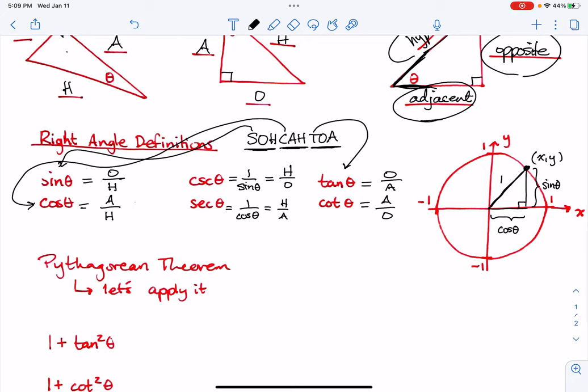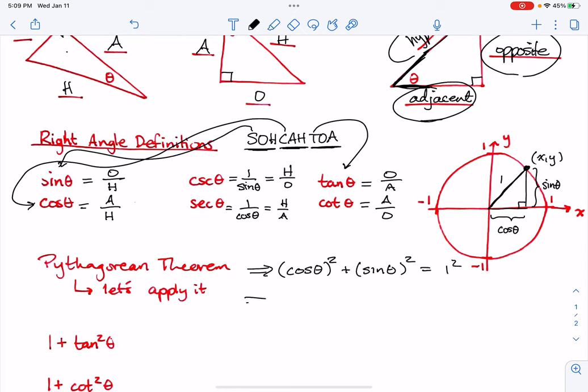So notice how this is a right angle triangle. Let's just use the Pythagorean theorem on it: a squared plus b squared equals c squared. That's going to give us cosine of theta squared plus sine of theta squared equals 1 squared.